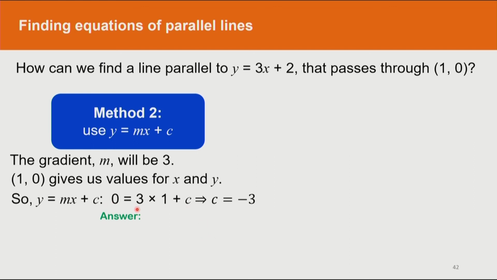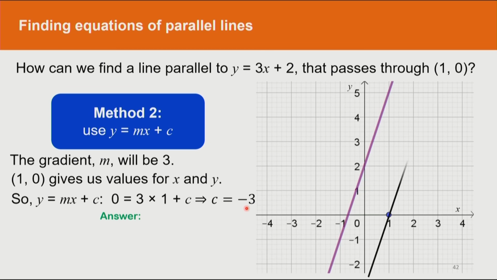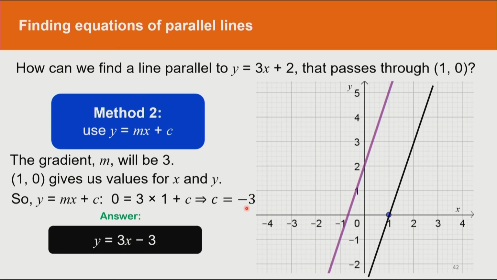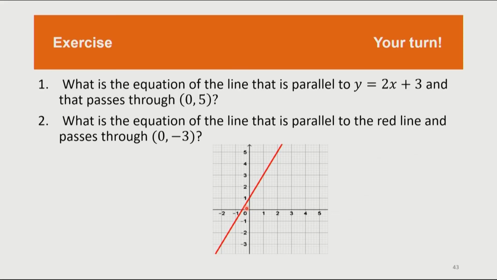So you'll be able to see that 3 times 1 is 3. So making c the subject, you need to take this 3 to the other side. And when it crosses the equal sign, the sign changes to negative. Therefore, our value of c is negative 3. So the equation of the line will be the same as we found it in the first method.